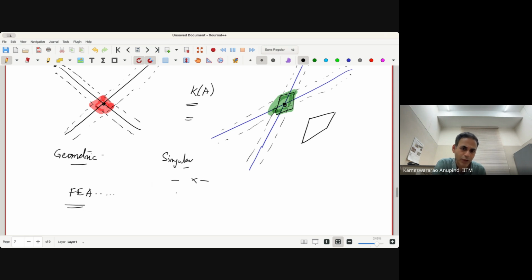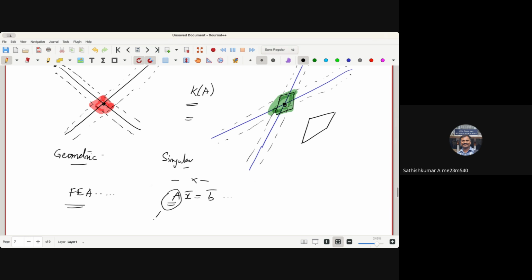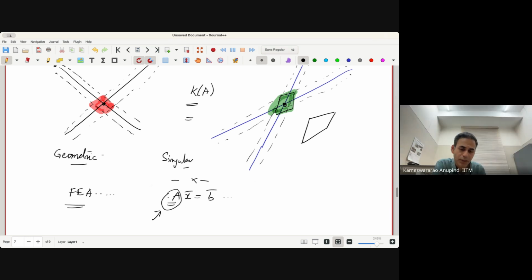In your FEA solver, you might be solving AX equal to B several times, right? We want to make sure that this matrix is not close to singular. If it is close to singular, then the solutions you're getting may not be correct, because if you substitute back, they are not going to satisfy the right answer.